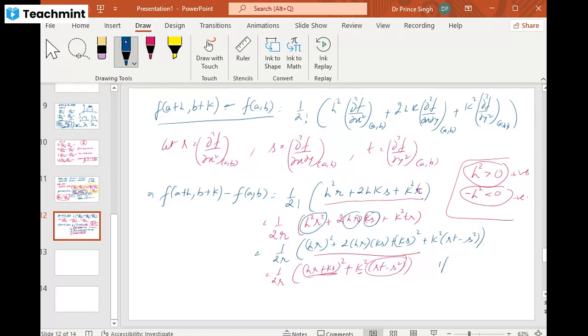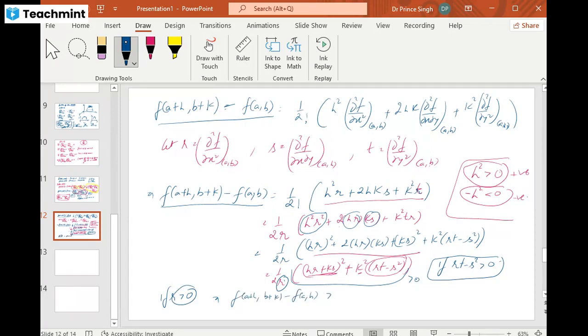If rt minus s squared is greater than 0, that means this whole term is greater than 0. So the sign of this particular part depends only upon r. Okay. So if r is greater than 0, f(a+h, b+k) minus f(a,b) is greater than 0. And what does it imply? It implies that (a,b) is a point of minima.